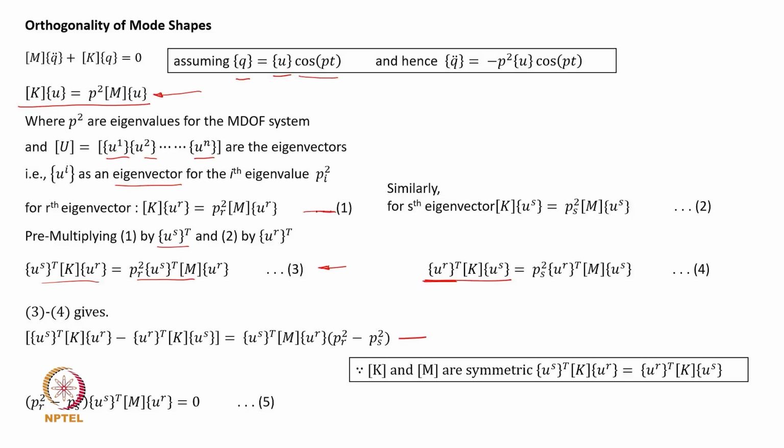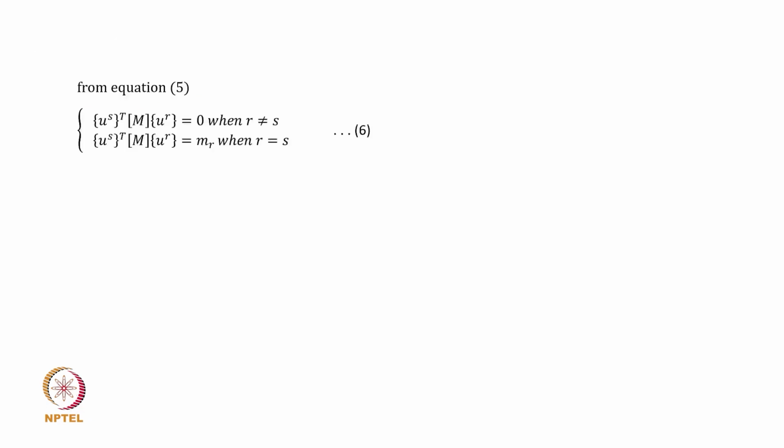So, that means when you are considering two different eigenvectors and corresponding eigenvalues, pr square minus ps square will be non-zero, which actually means that this particular product will be equal to 0 for r not equal to s.